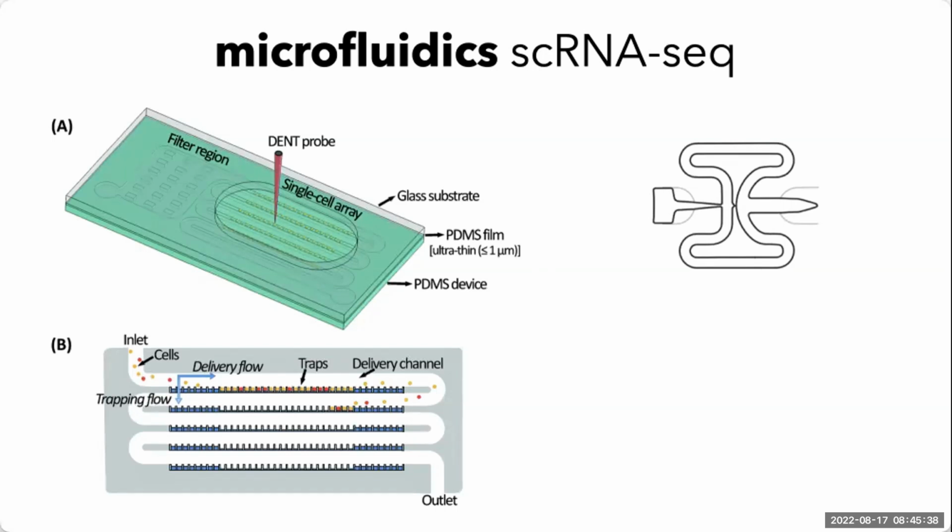Moreover, from a financial point of view, the chips that are used are relatively expensive, but since the reactions that help us prepare this library can be carried out in much smaller volume, money can be saved on the reagents.